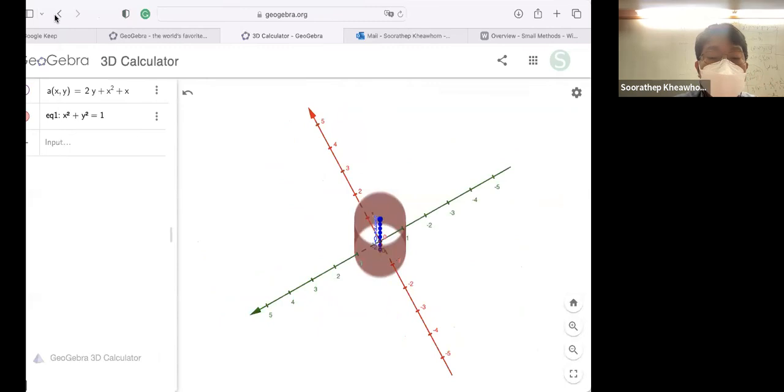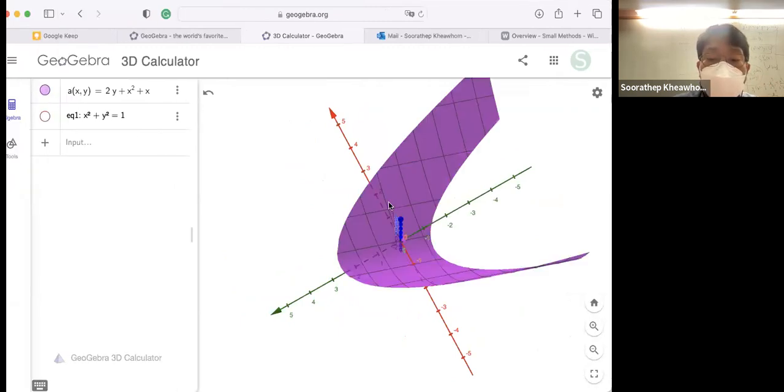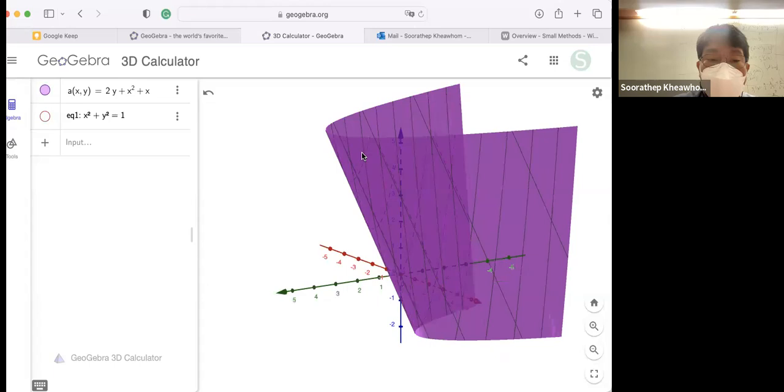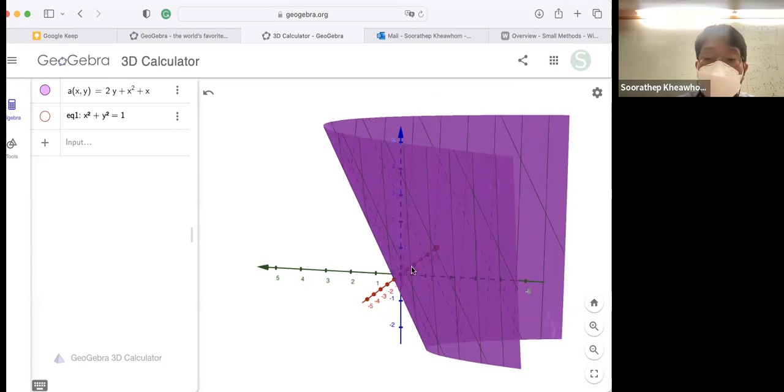And what about the surface of our objective function? This is the surface of our objective function. You see that we move this way. You can see my pointer, right?